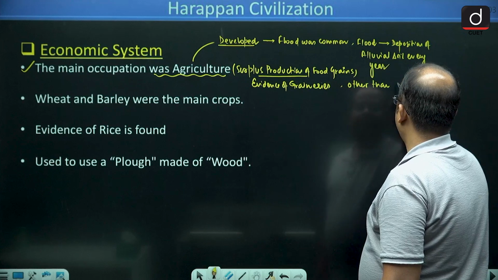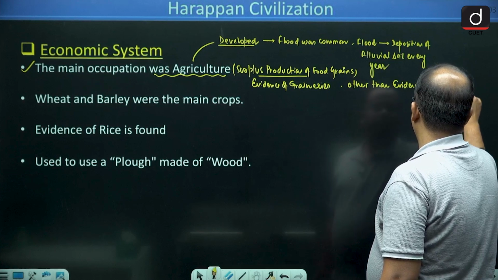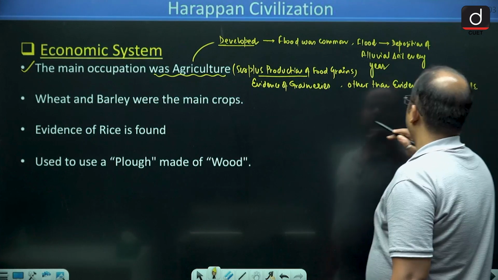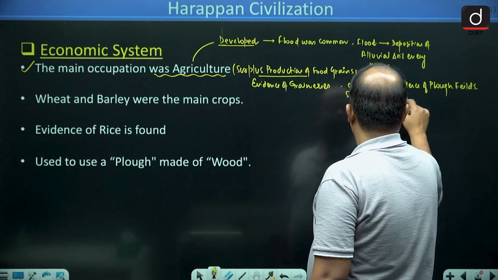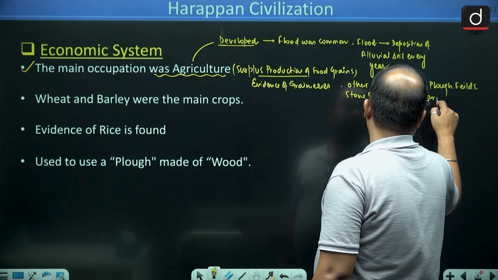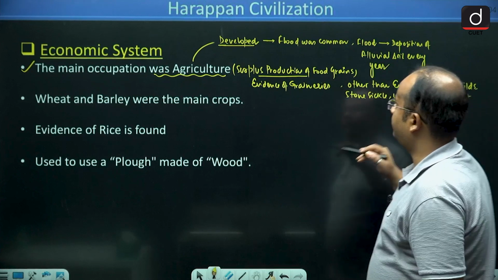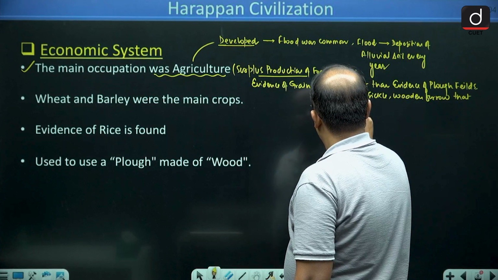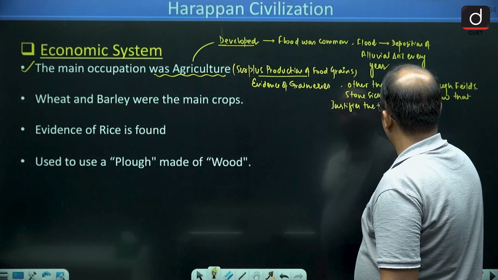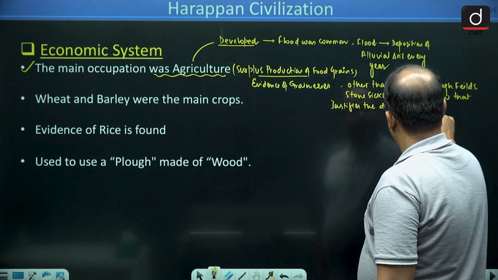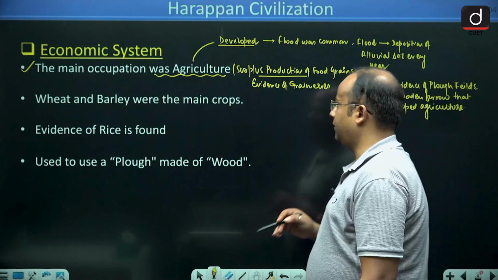Other than this you will find the evidence of plowed fields, then stone sickle, wooden furrow, that shows the developed agriculture.